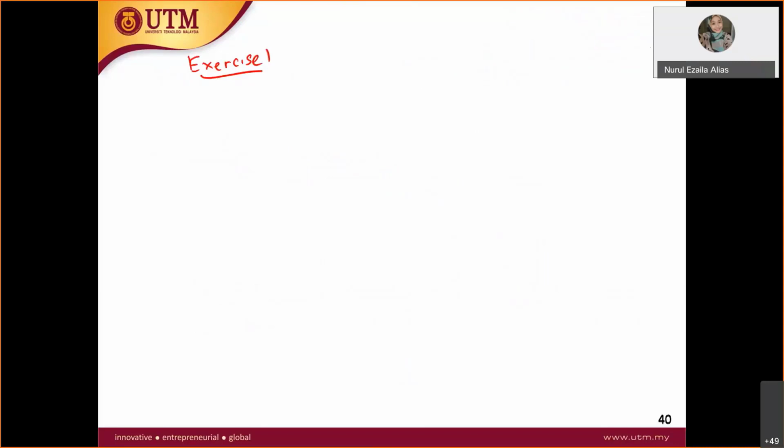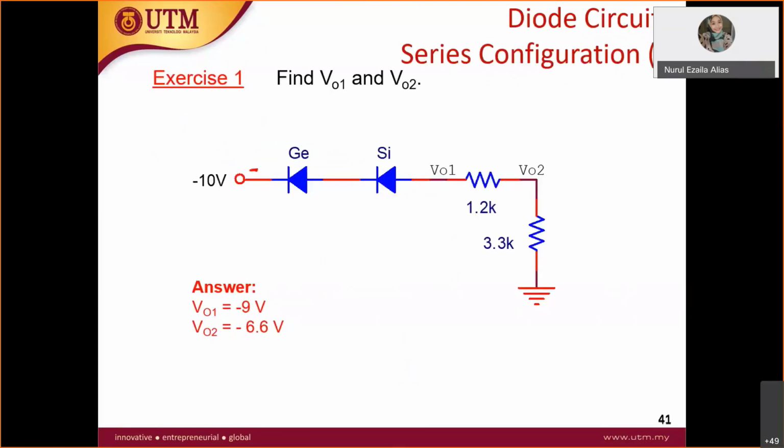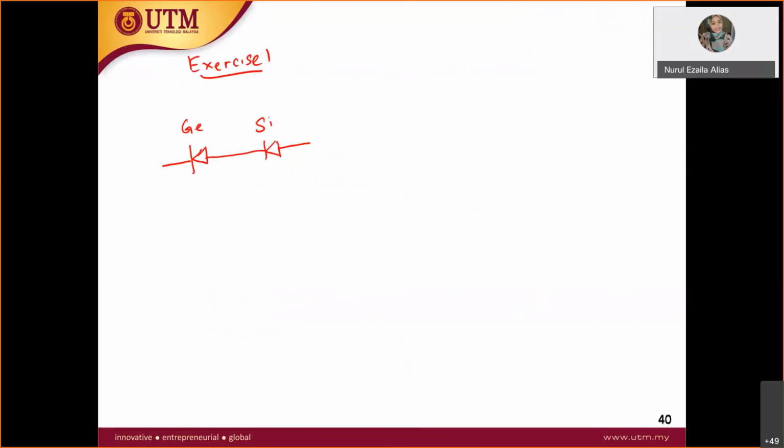You have germanium here, and then you have silicon here. So now germanium goes to negative 10 volt, so negative 10 volt here, and the other side is of course positive 10 volt.